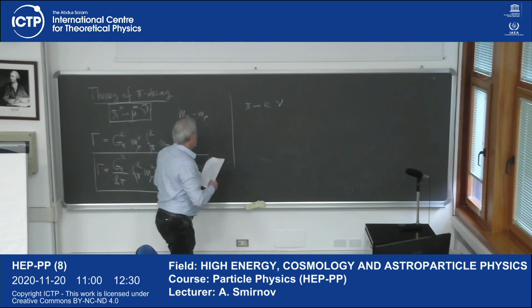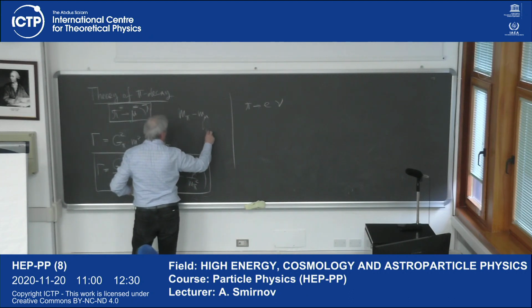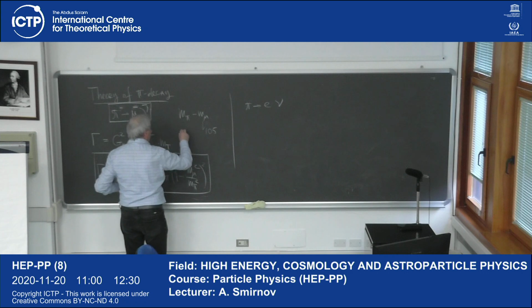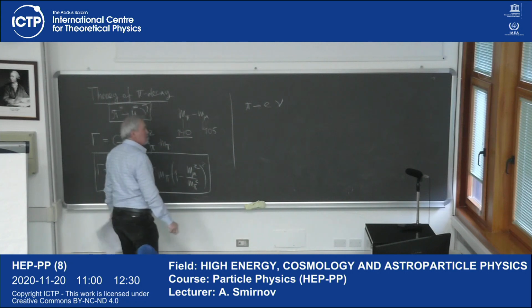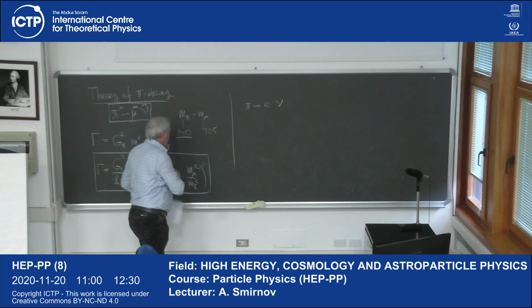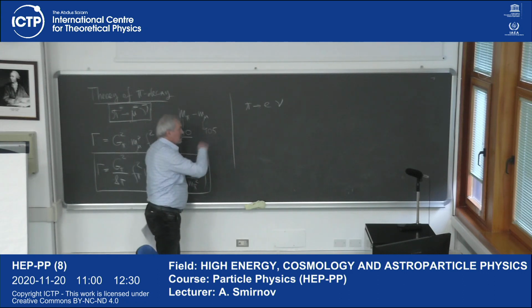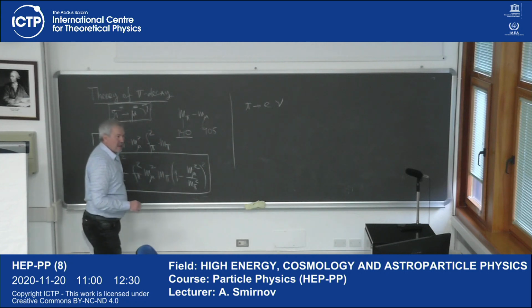Again, remember that the mass of the muon is 105 MeV and the mass of the pion is 140 MeV. So they are close, and therefore this factor is substantial. But for electron, it's very light, you can even neglect it.